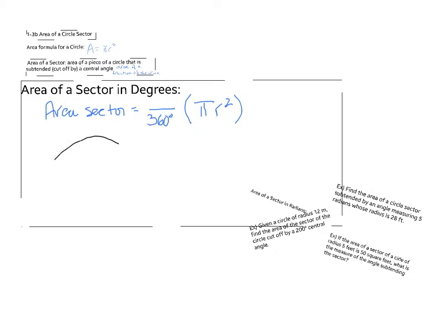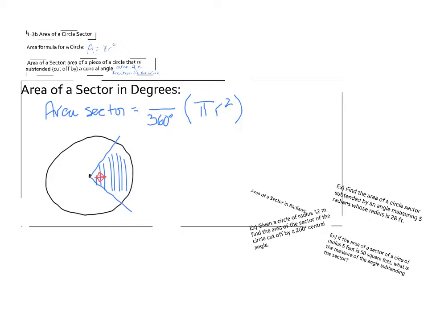Again, here's our circle. It has some subtended piece. We'll call it that guy right there. So we're looking at the area of this region. This central angle right here, which I'm going to refer to as theta, is the angle that is important because that's what piece of the circle we have.